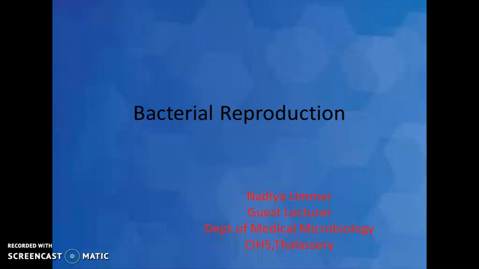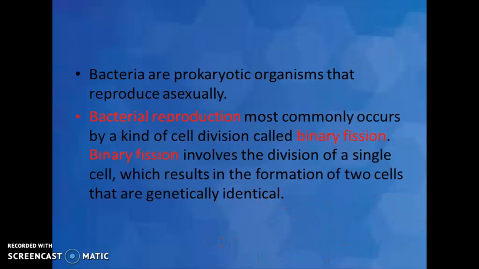Today we are going to discuss bacterial reproduction. Bacteria are prokaryotic organisms that reproduce asexually. Bacterial reproduction most commonly occurs by a kind of cell division called binary fission.